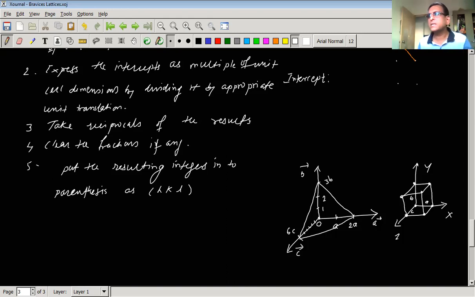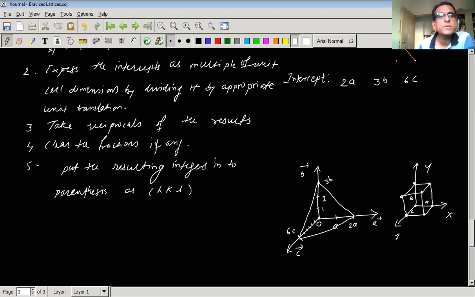So what are the intercepts? Intercepts along the x-axis are 2A, along the y-axis are 3B, and along the z-axis the intercept is 6C, as shown in the figure. If we give the scale as shown in the figure, then these will be the intercepts.